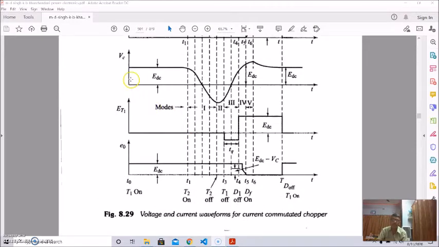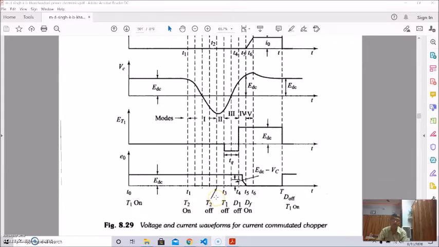So basically at T0, the main thyristor 1 is on, and at T equal to T1, the auxiliary thyristor is on, and at T equal to T2 this auxiliary thyristor is off. From T1 to T2 this is the mode 1 operation, and from T2 to T3 this is the mode 3 operation, where the main thyristor T1 is off.